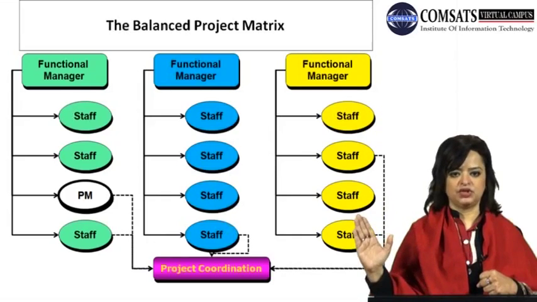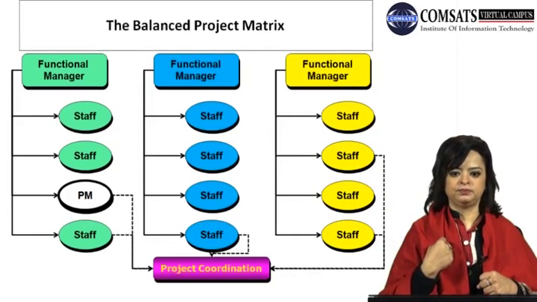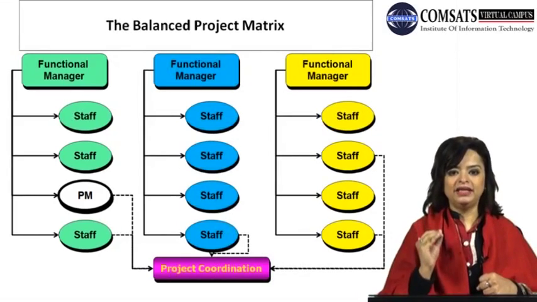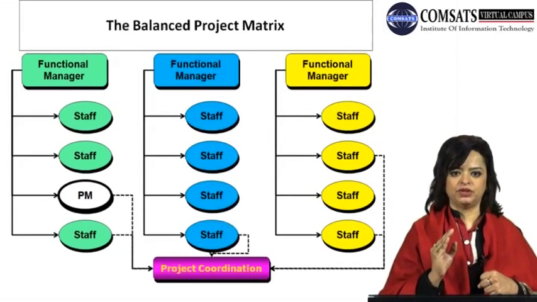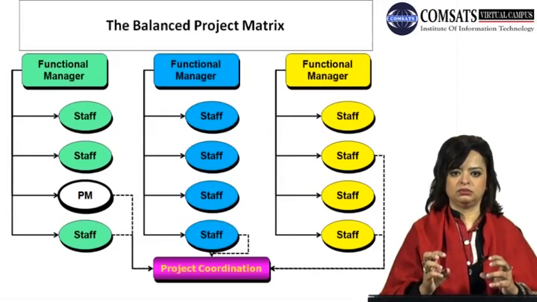Balanced project matrix and projectized organization usually have the title project manager or a project coordinator. That means the upper management sees the importance of that lab being created at the end of 6 weeks, and now they're going to assign at least, if not a full-time person, at least close to a full-time person as a project manager to oversee this creation or implementation of a lab.